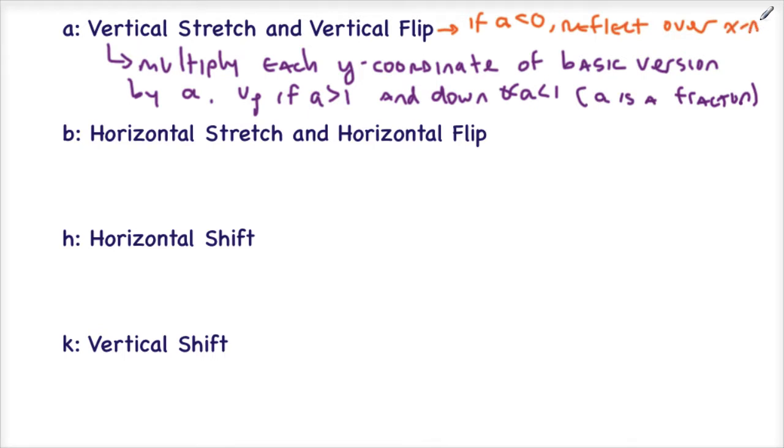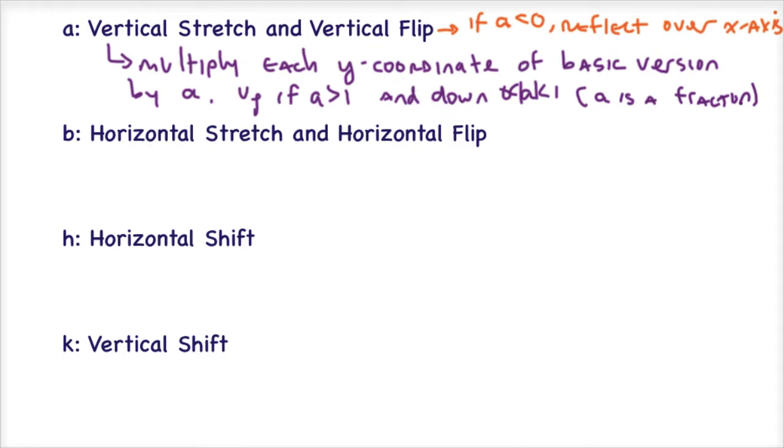And that might be confusing because we're thinking, well, this is supposed to represent our vertical change, but remember, we're reflecting over the x-axis, so that means it's flipping from opening up if it's a parabola to opening down. So if A is less than 0, reflect over the x-axis. And I should say, if A is a fraction, you could say the absolute value of A is between 0 and 1, then we're going to be shrinking down.